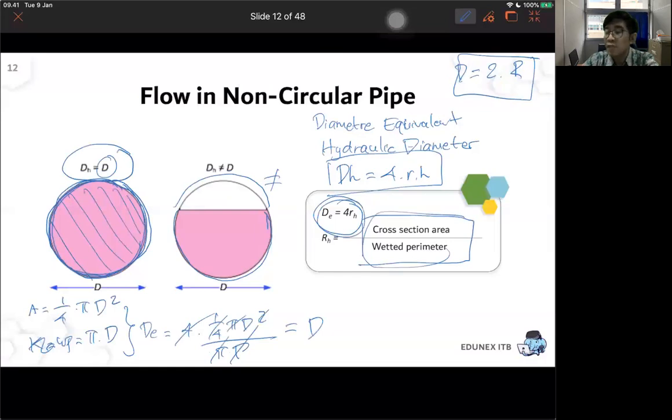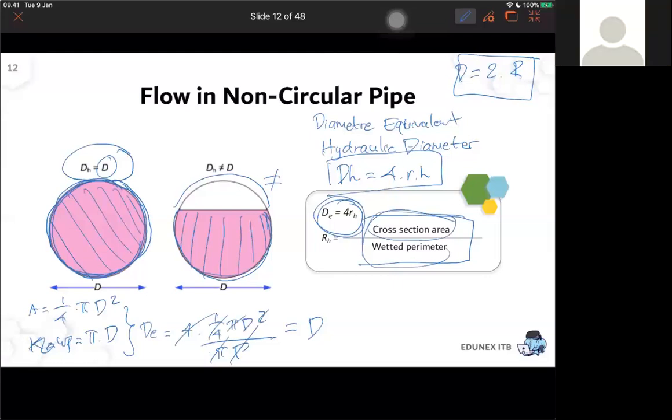But for this one, it's different. You need to know the value of the cross-sectional area first. This is the cross-sectional area. And then you also need to calculate the wetted perimeter. Sir, for the wetted perimeter, is it just the perimeter of the pipe? Not the whole.